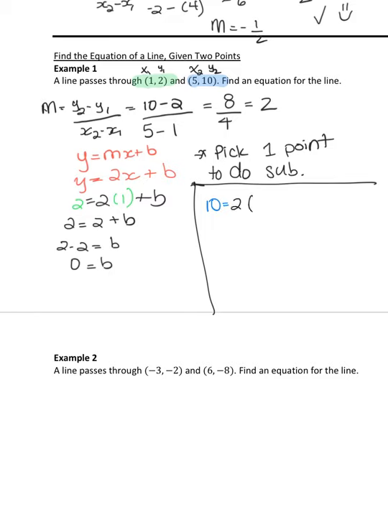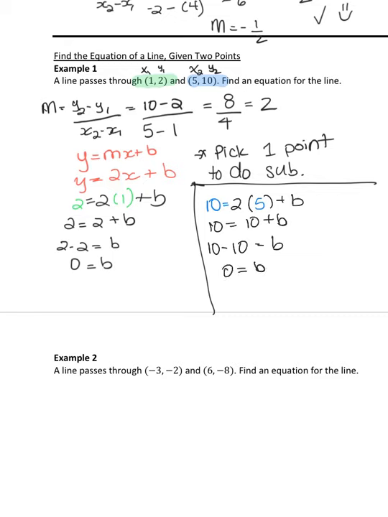Instead of an x, I'm going to replace it with a 5. Two times 5 is 10. And again, I'm adding 10 on the right-hand side, so I need to subtract it to move it to the left. That eliminates my 10 from my right-hand side. And 10 minus 10 is 0, so my y-intercept is indeed 0 here.